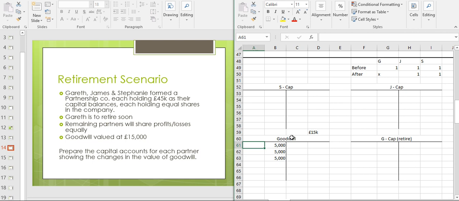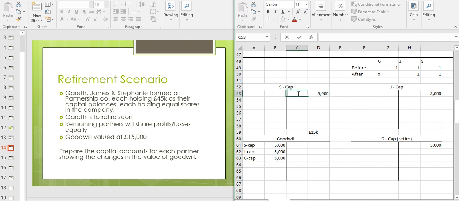Okay, so we have 15 divided by 3, the old ratio. So we have S cap, J cap, and G cap. Okay, they're capital accounts. So these are my debit entries, and I'm going to do the credit entries up here. So we've got 5, 5, and 5.